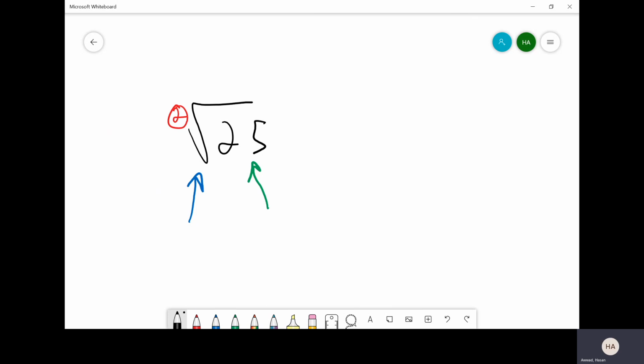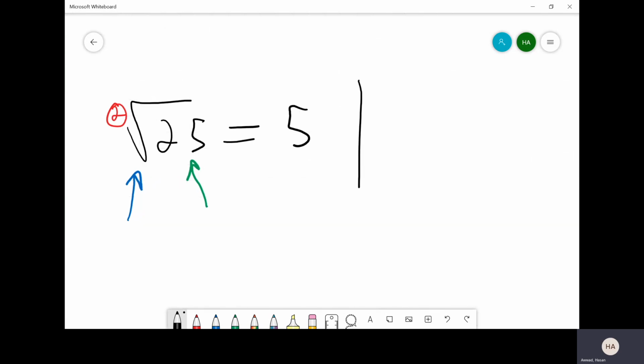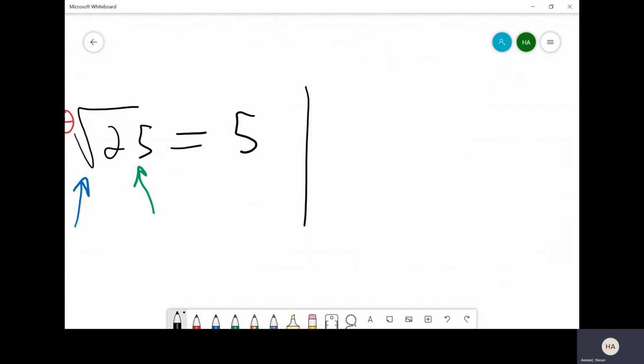And you start thinking, oh, that should be pretty easy. That's just 5. And how do we know that? Well, because 5 times 5 is 25. So now we get it. 5 has to multiply against itself twice to give us 25, and that's what this square root is essentially telling us.